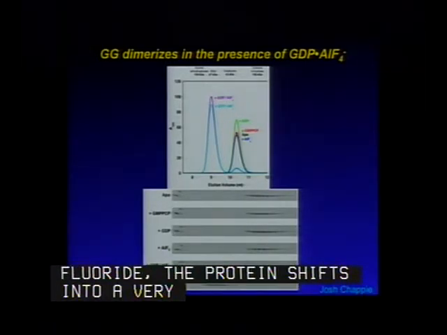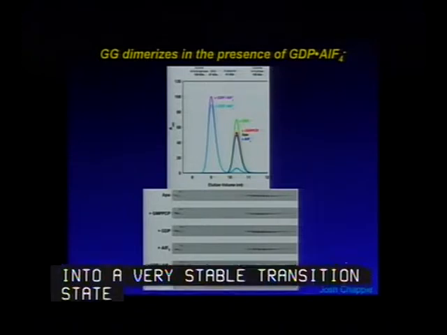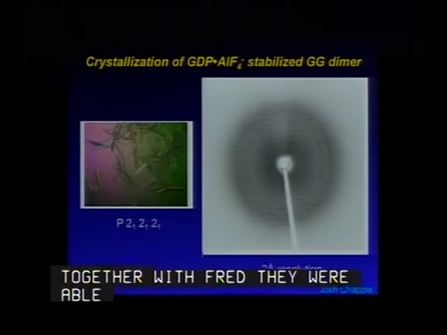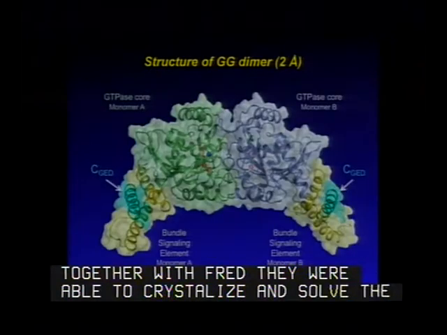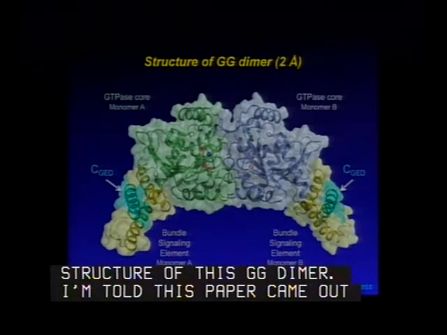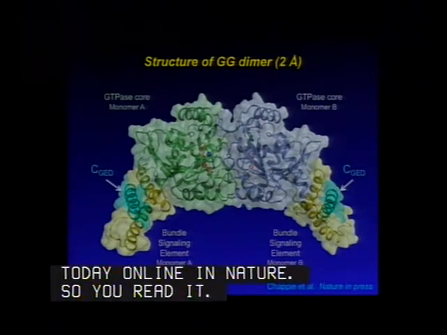So it was this construct that Josh brought with him, and together with Fred Dyda, they were able to crystallize and solve the structure of this GG dimer. And I'm just told that this paper came out today online in Nature, so you read it. I don't have a movie, but it looks like this.